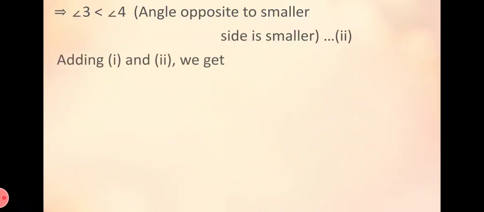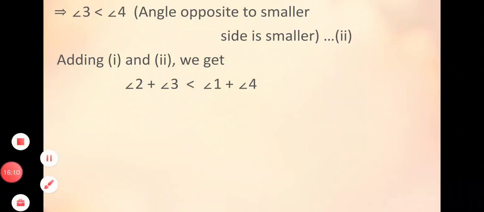Now adding 1 and 2 we get: 1 we have already seen, angle 2 is less than angle 1, that was our number 1, and number 2 is angle 3 is less than angle 4. When we add these two we get angle 2 plus angle 3 is less than angle 1 plus angle 4.